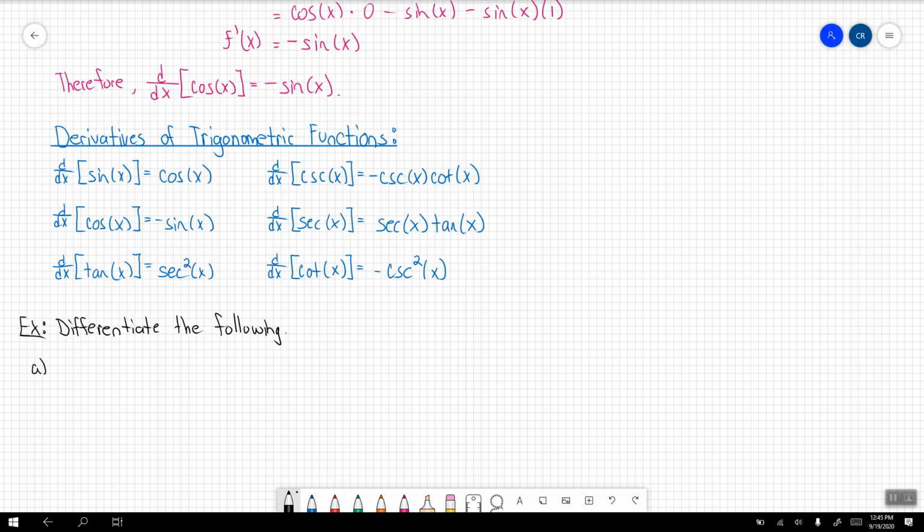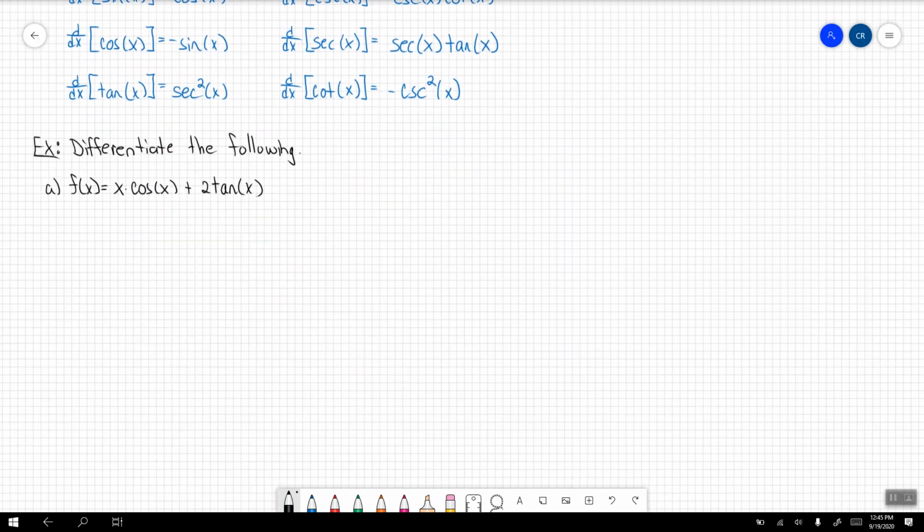Part A, we're going to be working with f of x is equal to x times cosine of x plus 2 times tangent of x. And again, I'm going to do this step by step. We take the derivative with respect to the variable we're working with, in this case x.